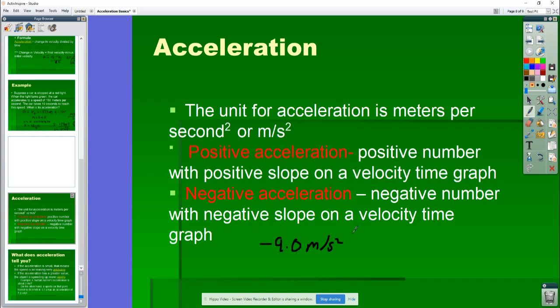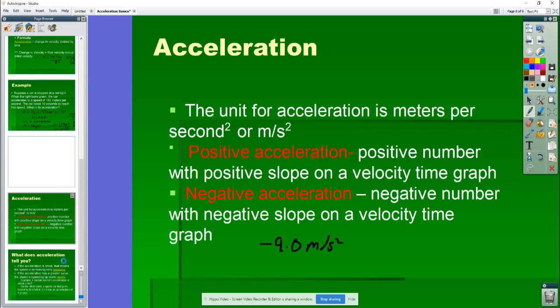That's okay. That just means it's slowing down. That's why we care about direction. That's why acceleration is a vector, just like velocity, just like displacement, because it makes a difference whether you're slowing down or speeding up. Negative 9 meters per second squared is a big difference from 9 meters per second squared.